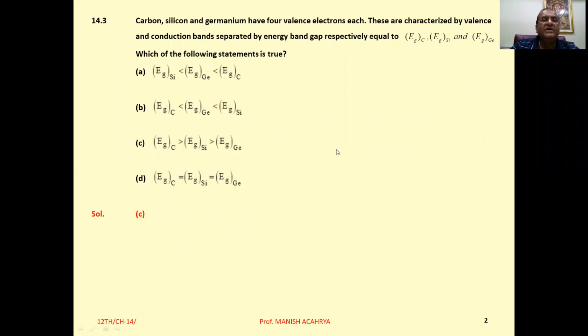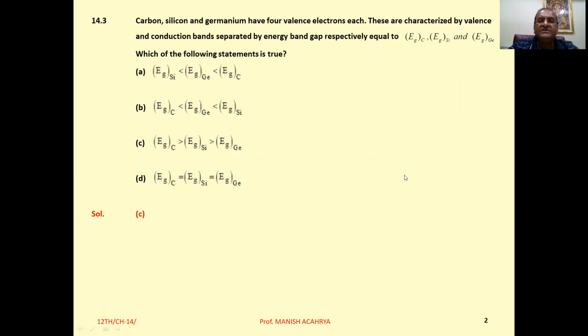Example 14.3. Carbon, silicon, and germanium have 4 valence electrons each. These are characterized by valence and conduction bands separated by energy band gap, respectively equal to Eg of C, Eg of Si, and Eg of Ge.